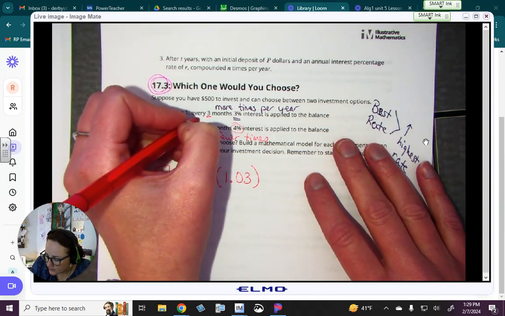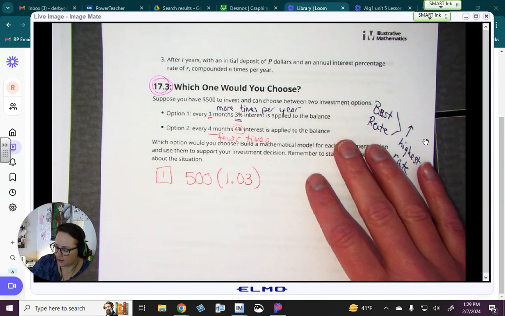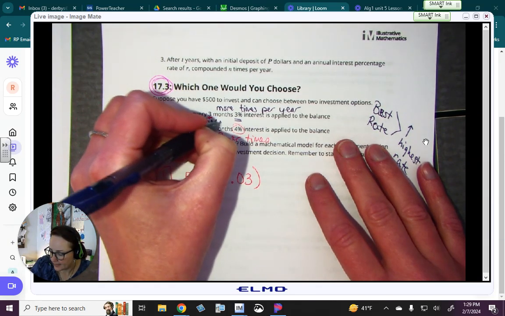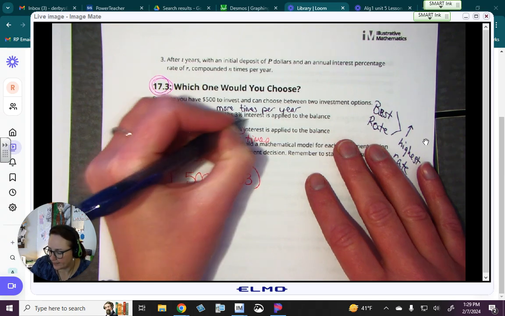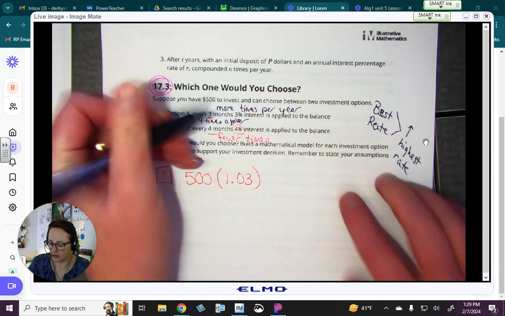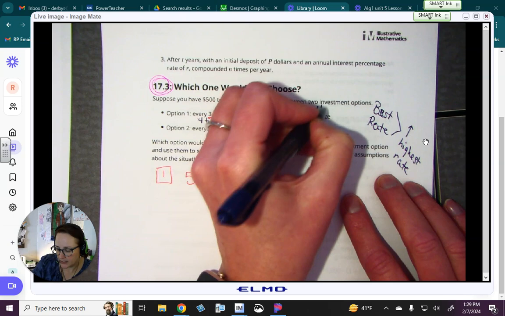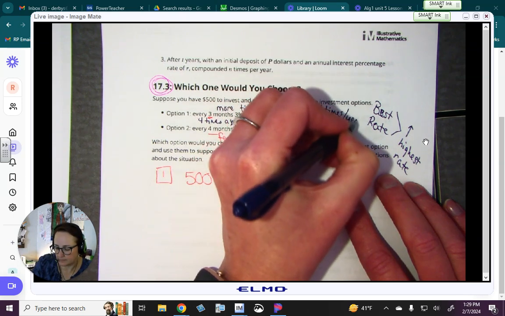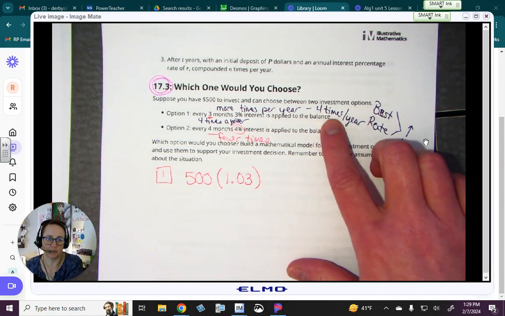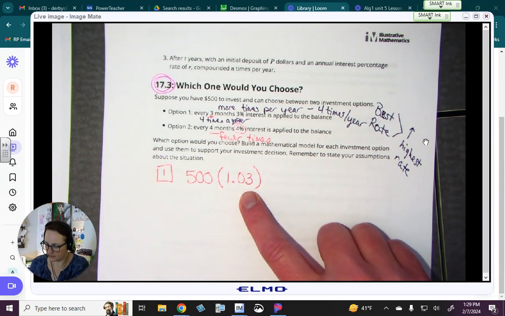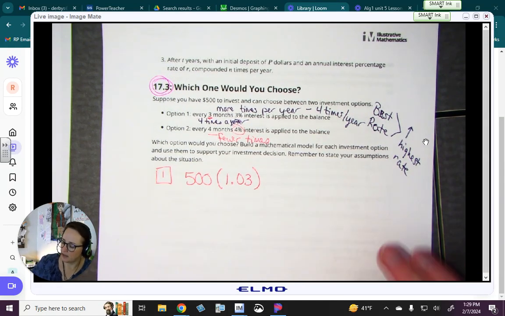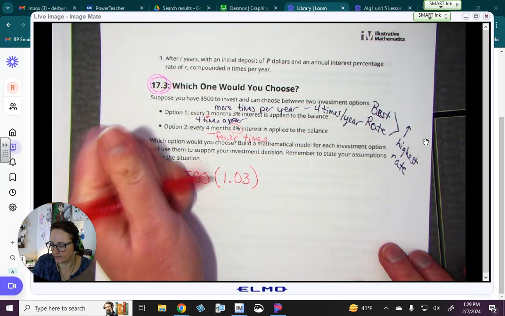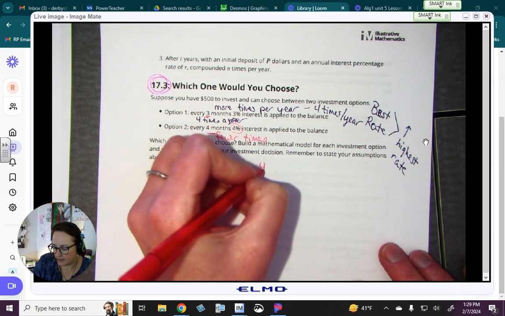So every 3 months is 4 times a year. So when I say more times per year, it's going to happen 4 times in a year. I'm writing some notes up here so I remember: it does that 4 times a year.